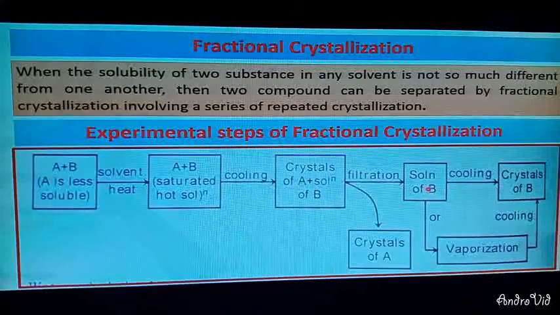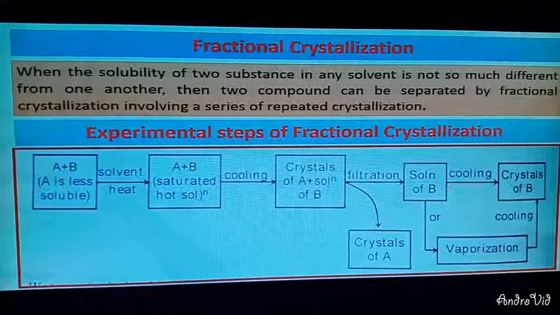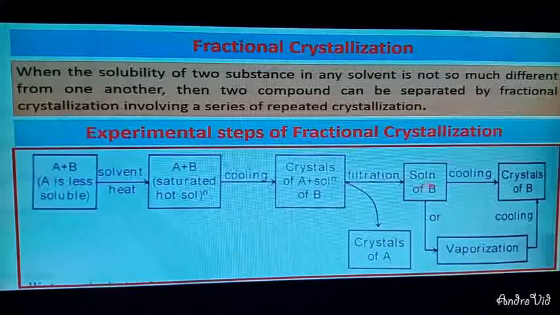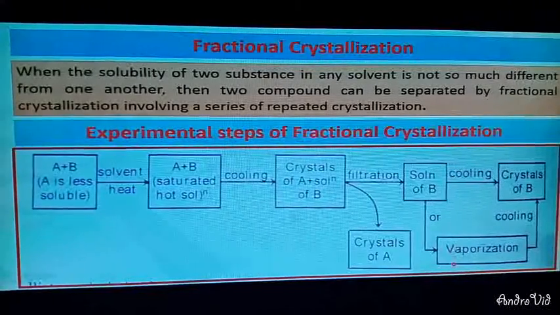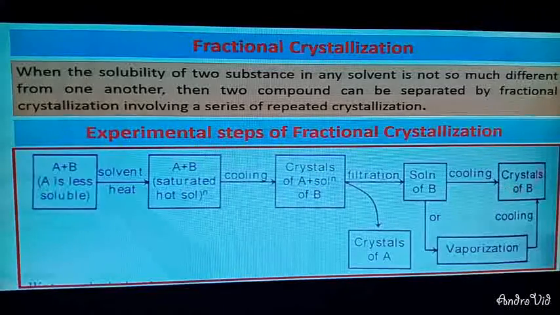For this, you have to cool the solution again, or you can continue the process of vaporization, okay. You can do cooling here or vaporization. Then you will be able to get crystals of B, okay.